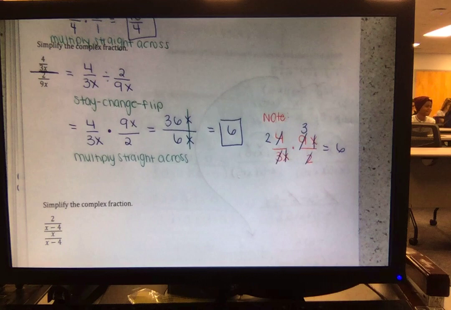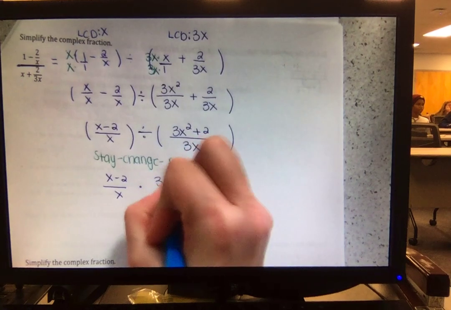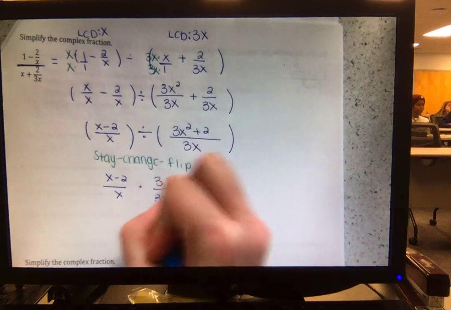So we're dividing. So we can do stay, change, flip. Our first fraction is going to stay, x minus 2 over x. Our operation is going to change from division to multiplication, and we are going to flip our second fraction.